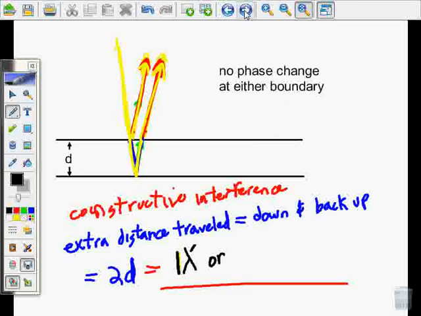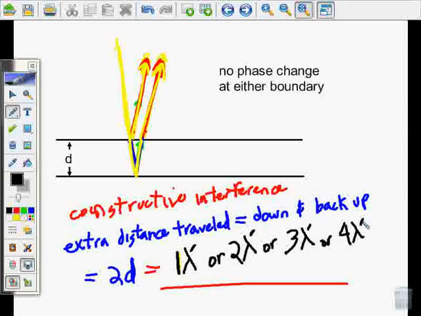2 wavelengths. Or, do you want to take a guess what the next one is? 3 wavelengths. Or 4 wavelengths. So the extra distance, 2D, has to be a whole number of wavelengths so that the 2 emerging rays are in sync with each other.